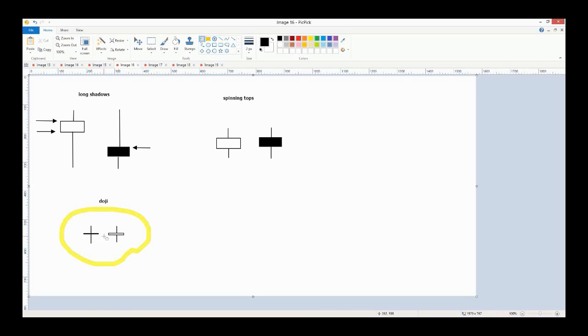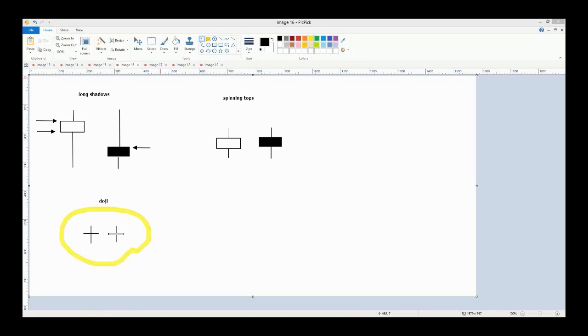The length of the upper and the lower shadows can vary and can be different than what we see here. Either the upper shadow can be longer than the lower, or the lower longer than the upper shadow. That doesn't matter much, because what we're looking mainly is what is behind this candlestick, and again, behind this candlestick is indecision of traders and investors.